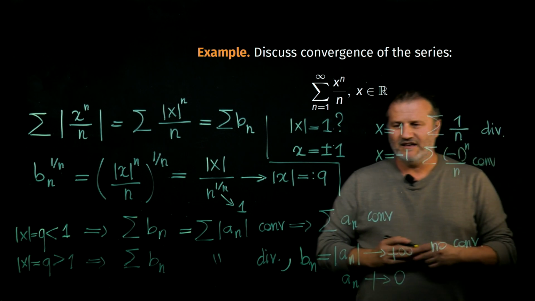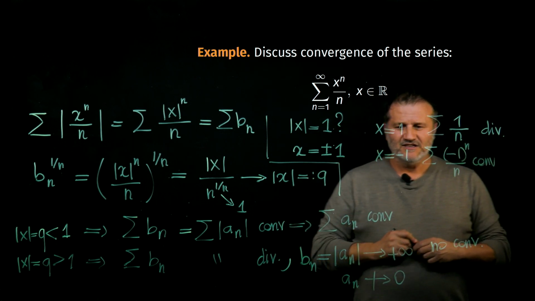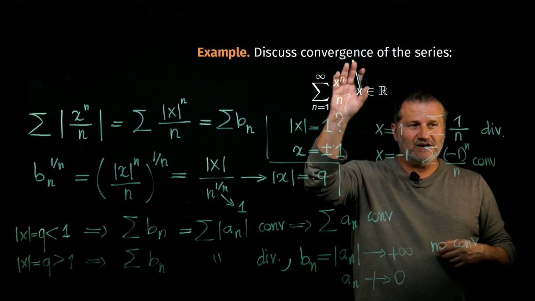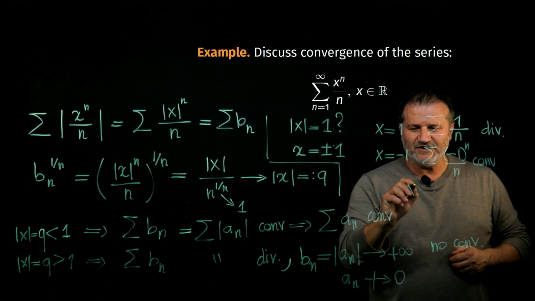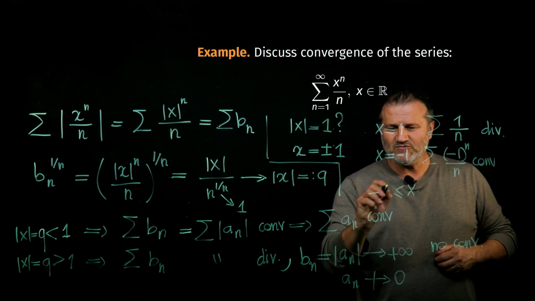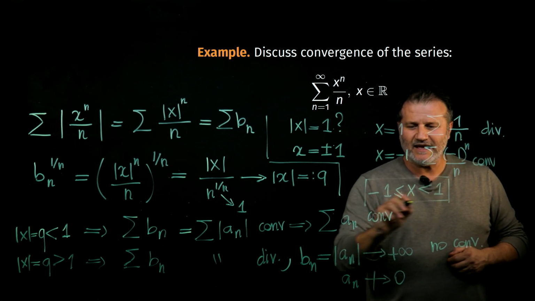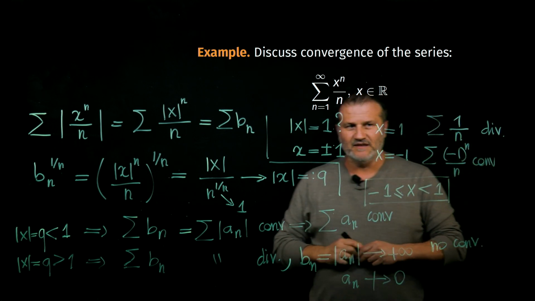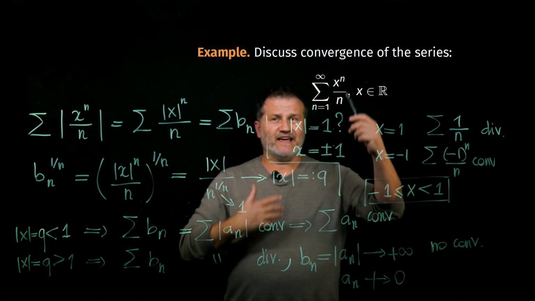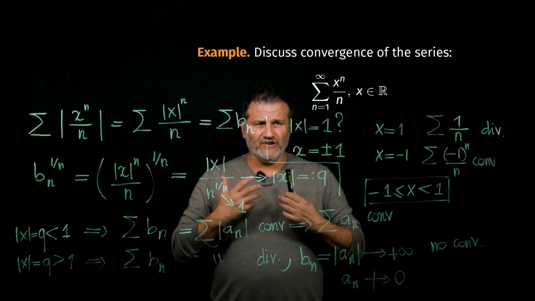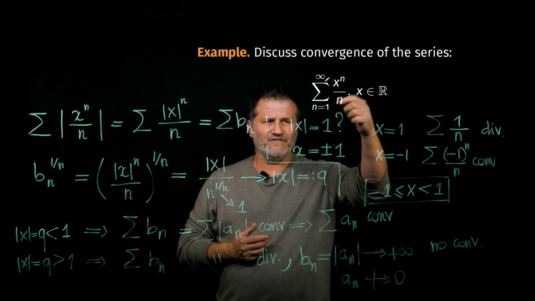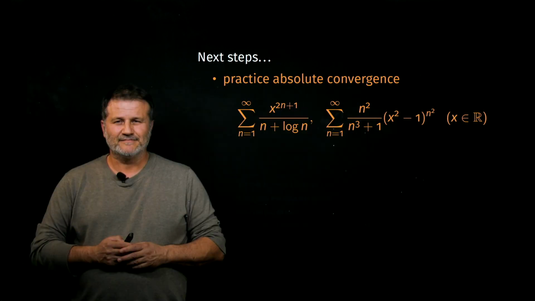It is the logarithmic series. So the conclusion is that our initial series will be convergent for x between minus 1 and 1, with the minus 1 included and the plus 1 excluded. So as you can see, we have been able to discuss convergence for every possible value of the variable x.